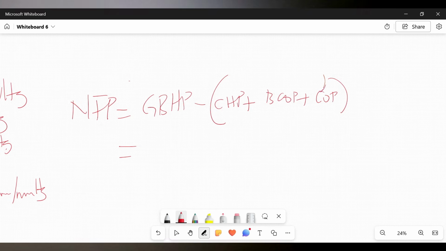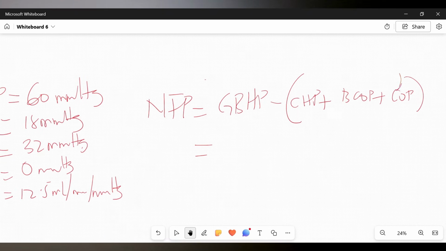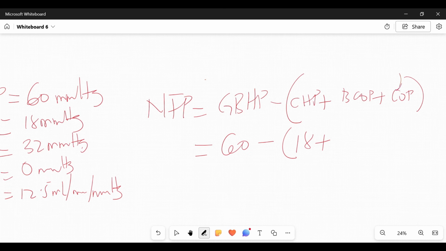So here our GBHP is 60 millimeter mercury. So I'll put 60 here minus the sum of capsular hydrostatic pressure, which is 18, the BCOP, which is 32 millimeter mercury, and then our COP, which is 0.